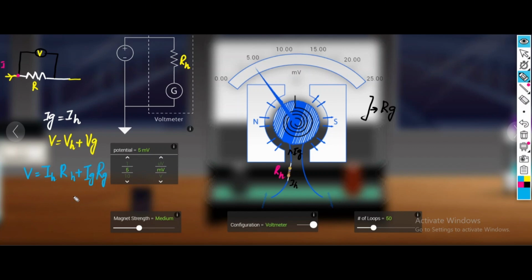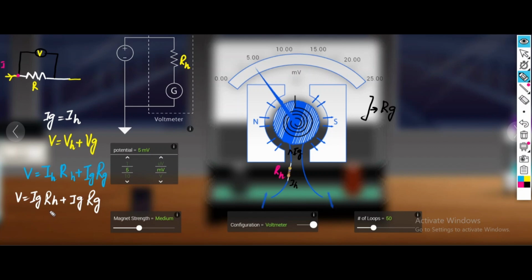We know that this resistor and this galvanometer are connected in series, so the current passing through them will be the same. Instead of IH, we can write IG. So V is equal to IG RH plus IG RG.